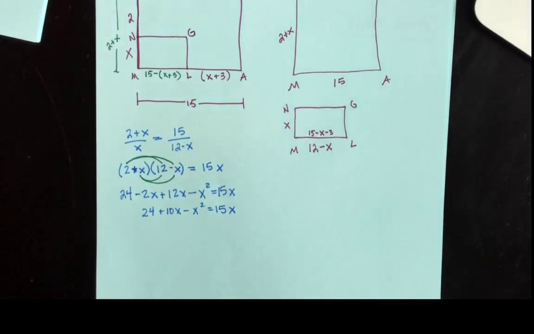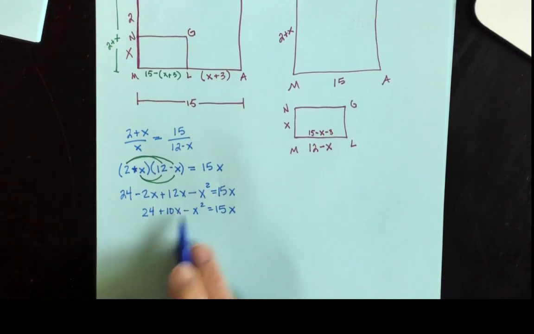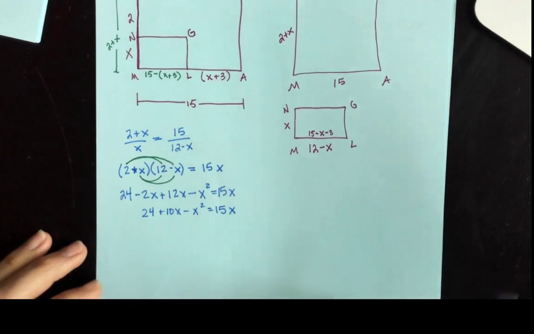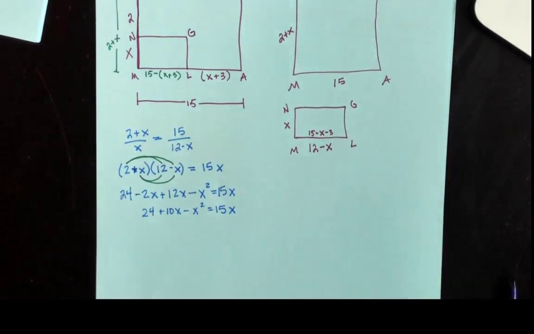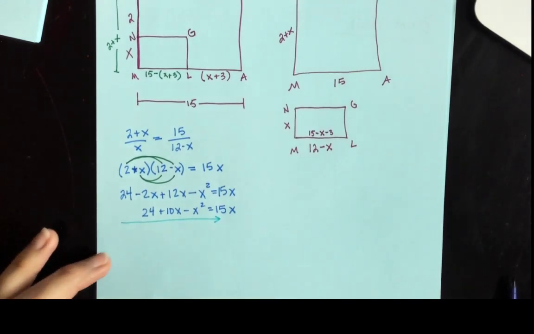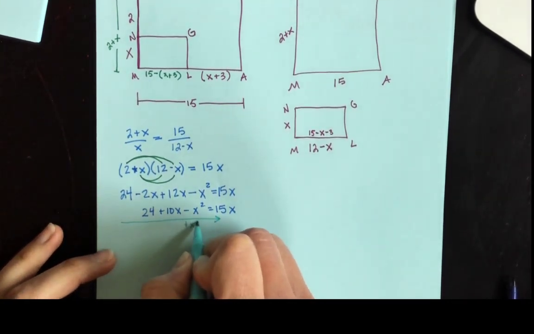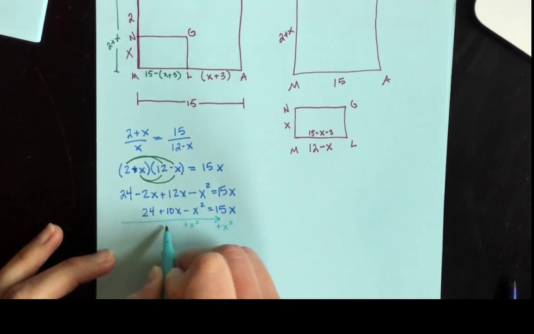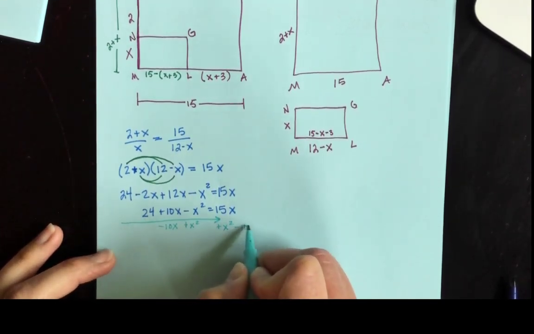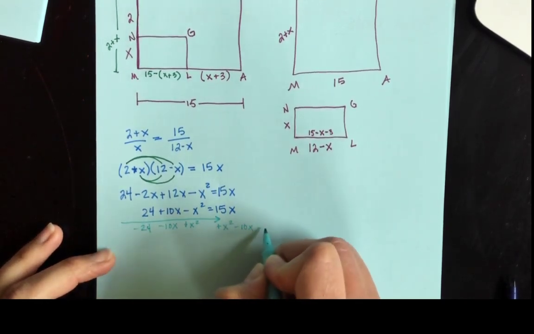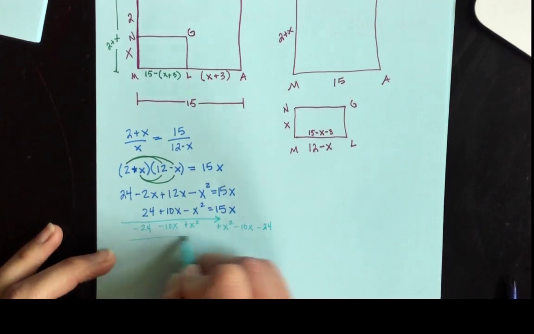And because we want in a quadratic our x squared to be positive, I'm going to move everything to that side. So I'm going to add x squared to both sides. I'm going to subtract 10x from both sides, and I'm going to subtract 24 from both sides.